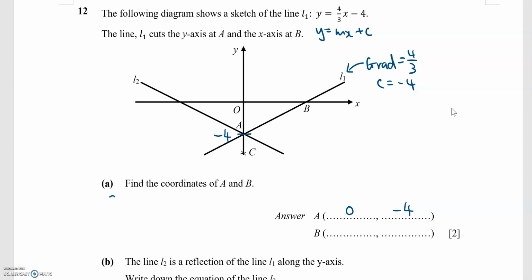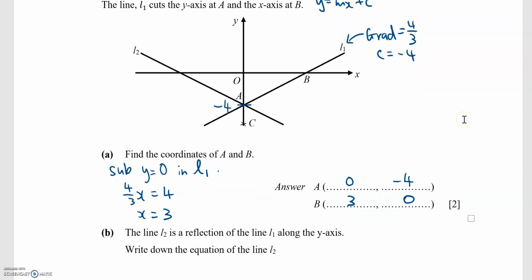So I simply have to substitute y equals 0 into the equation for L1. So this gives us 4 over 3x equals 4, and so x is equal to 3. So the coordinates of point B would simply be (3, 0).